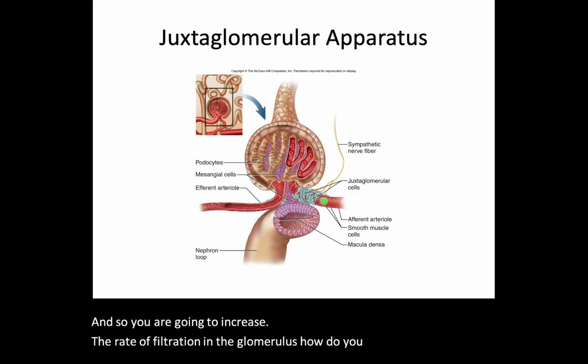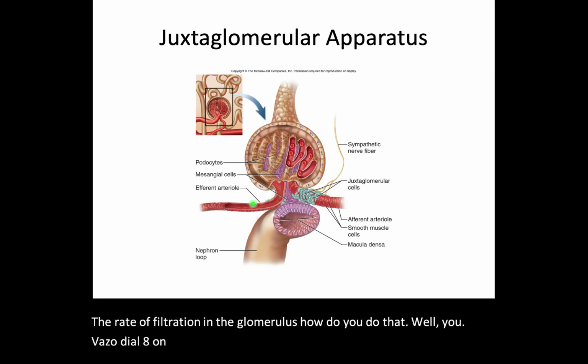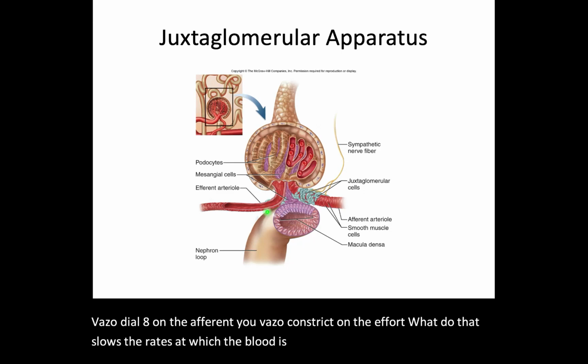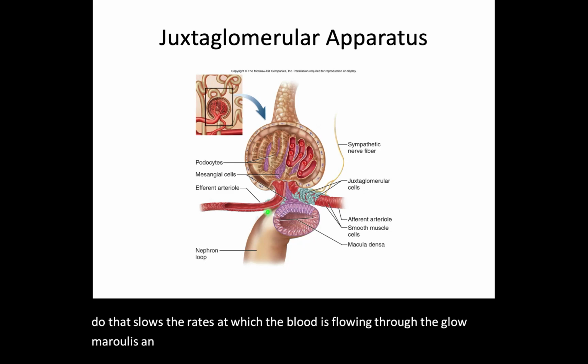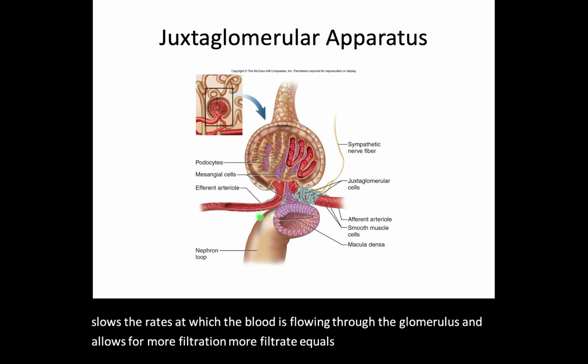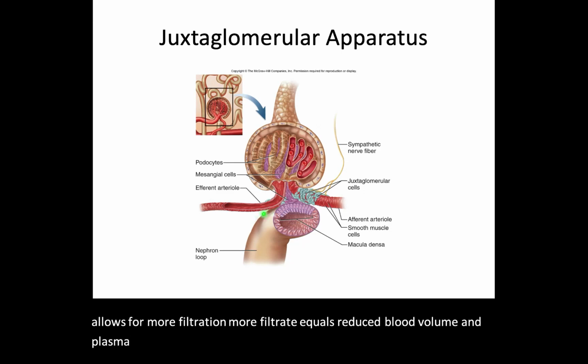Well, you vasodilate on the afferent, you vasoconstrict on the efferent. What does that do? That slows the rate at which the blood is flowing through the glomerulus and allows for more filtration. More filtrate equals reduced blood volume and plasma volume, which decreases blood pressure.